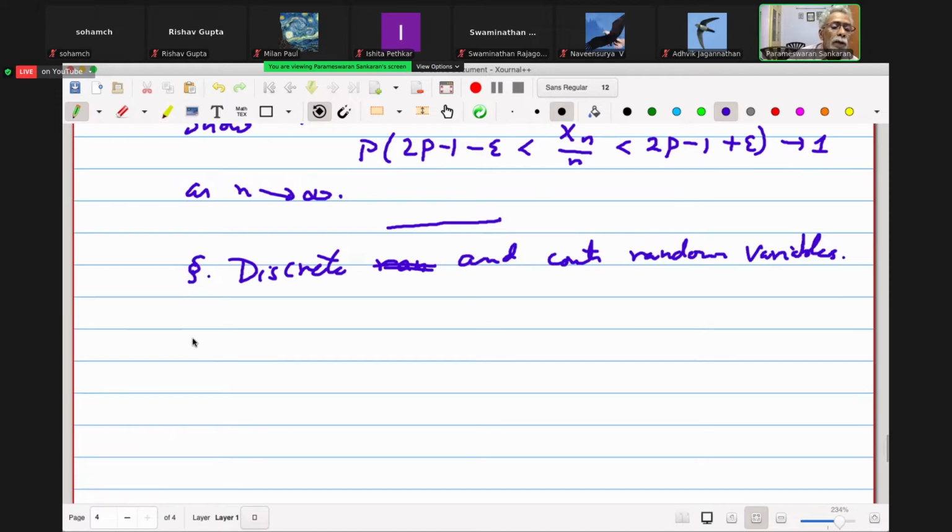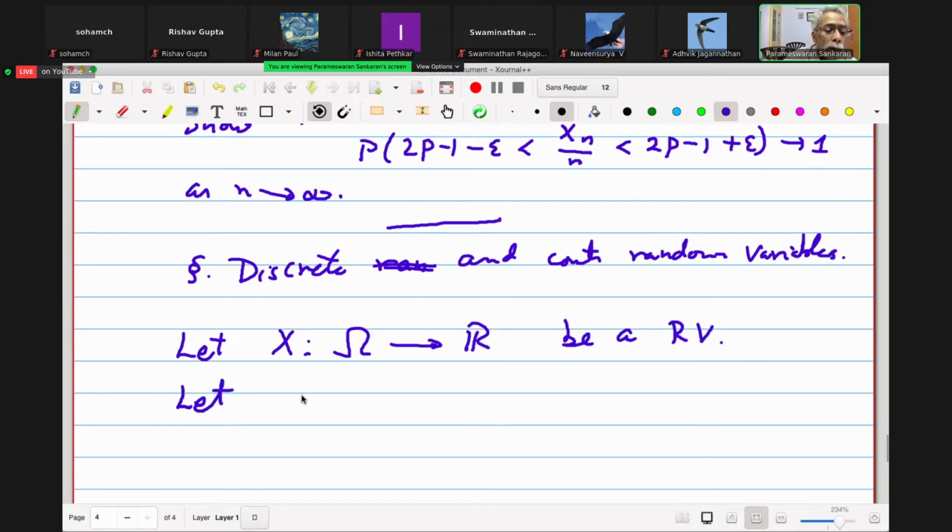Let me formally define what a discrete random variable is. Let X be a random variable, and let me recall that X is a function from Omega to R. Let F, equal to Fx, denote its distribution function.